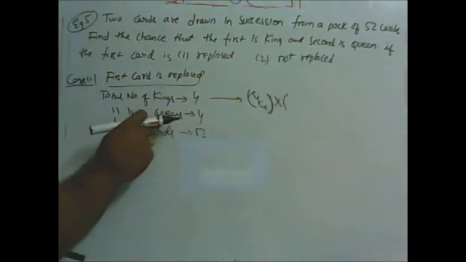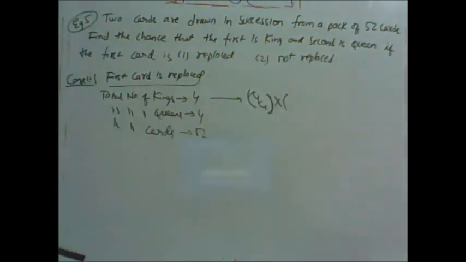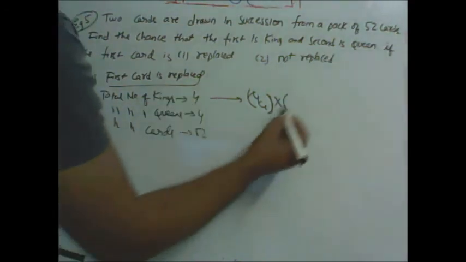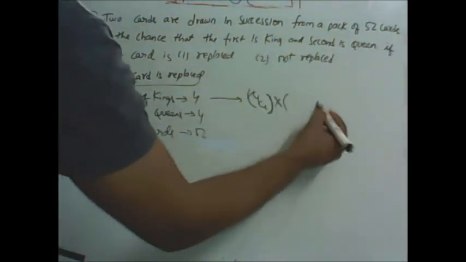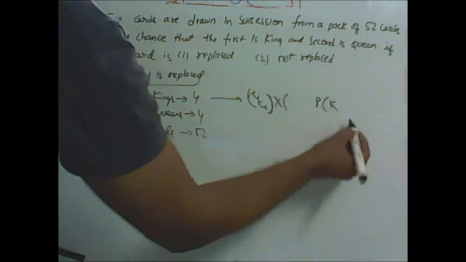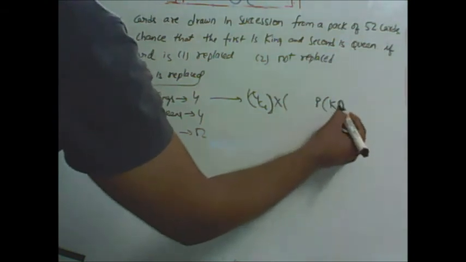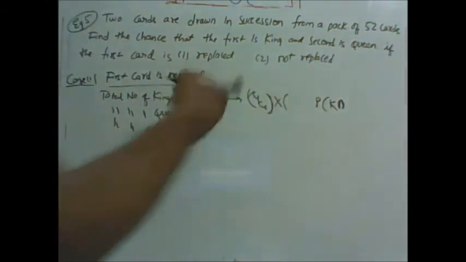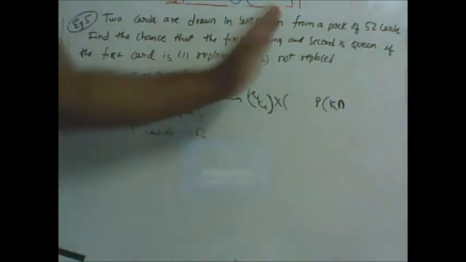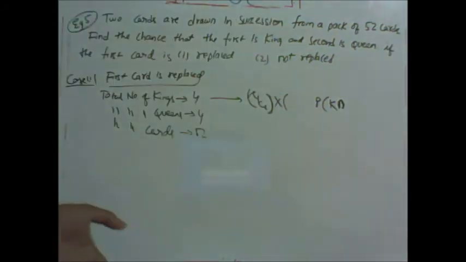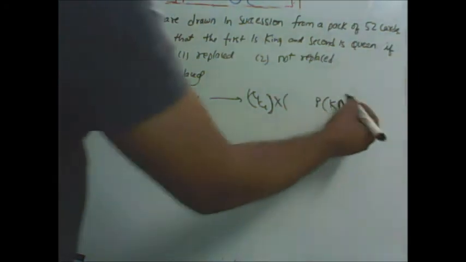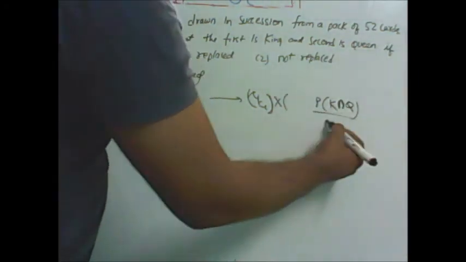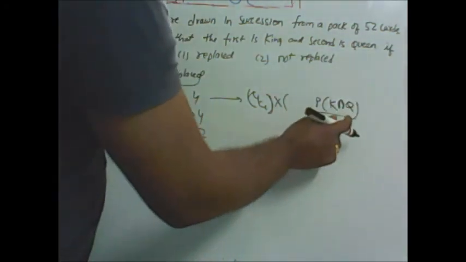And the remaining 4 queens are there. Actually, the question is asking for the probability of king to occur first and second one queen. So succession, one after the other: king has to occur, queen also has to occur, which is K intersection Q divided by the total probability.